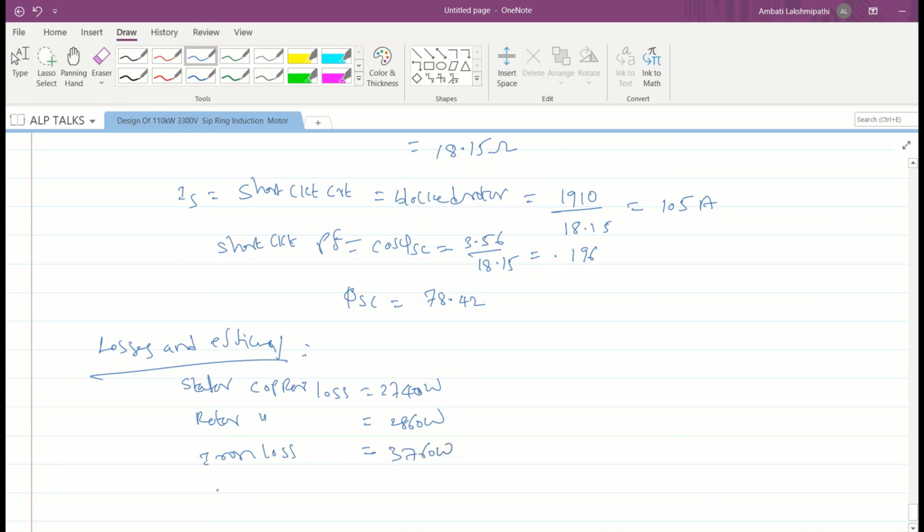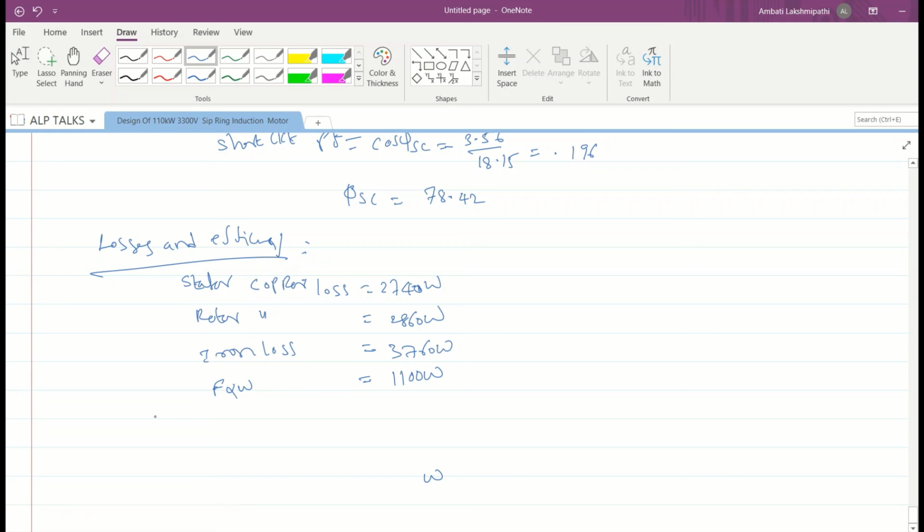Friction and windage loss we generally took as 1% of total output power, so this is 1100 watts. Let's summate everything: total losses at full load sum to 10460 watts.